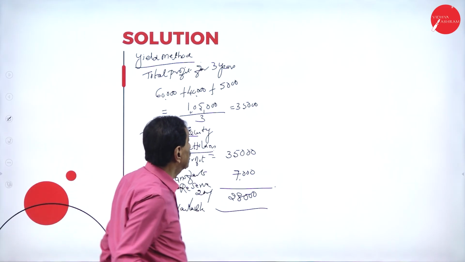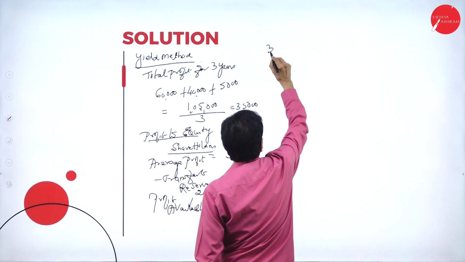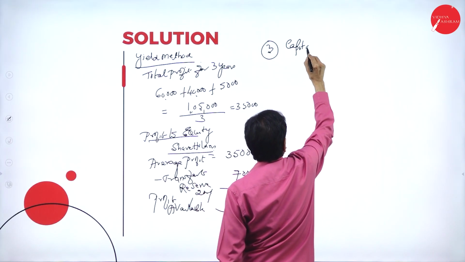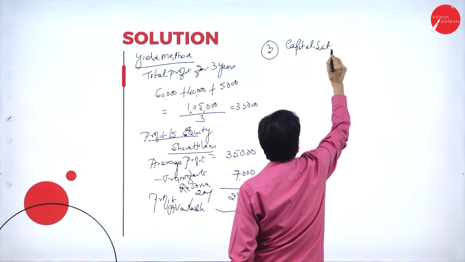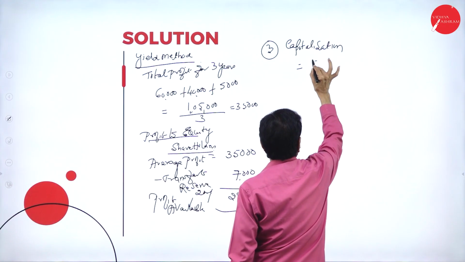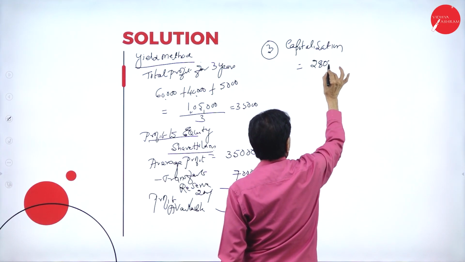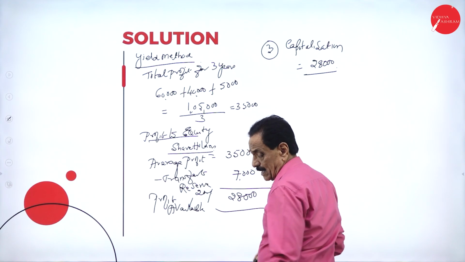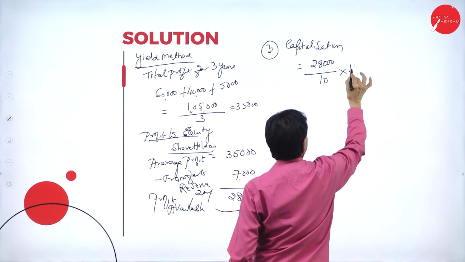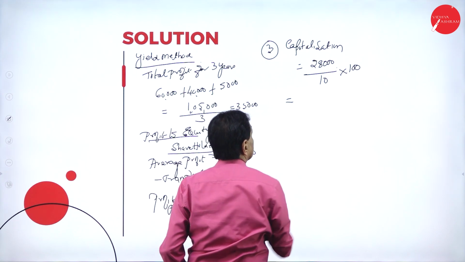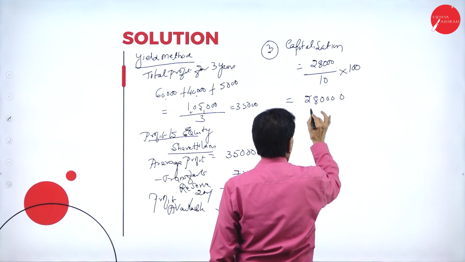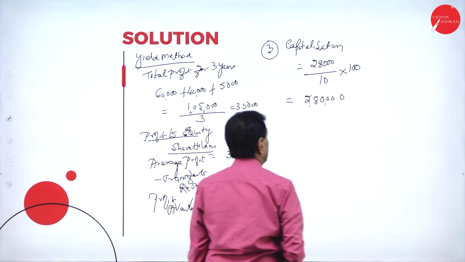Third step, capitalization is equal to 28,000 divided by normal rate of return 10%, which is ₹2,80,000.